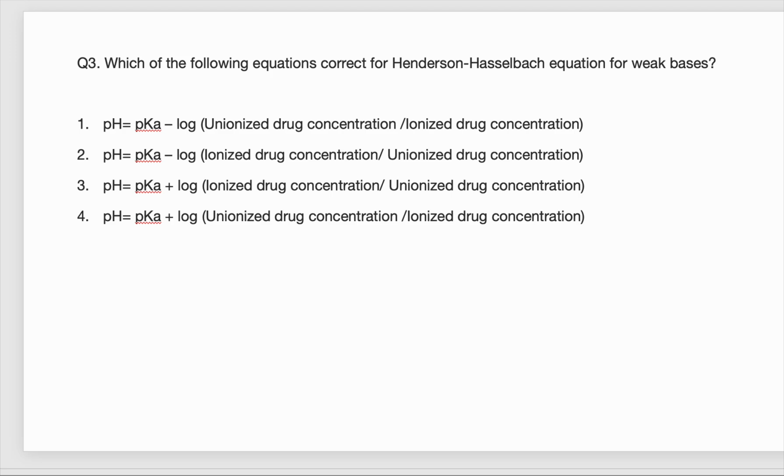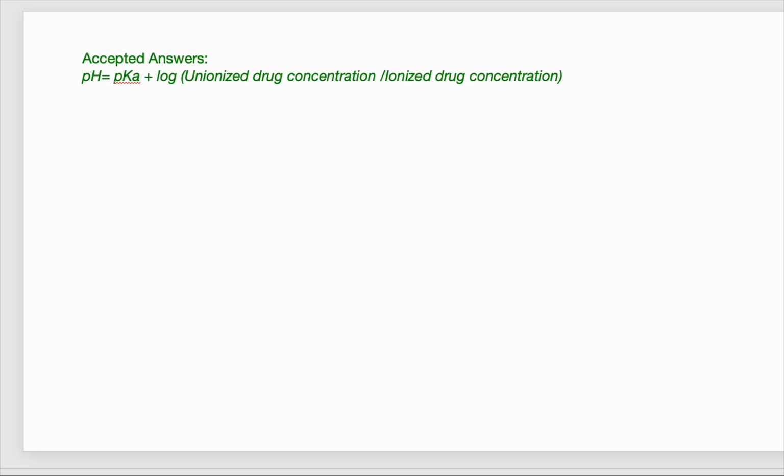That's why A minus comes up in case of weak acid, say aspirin: the ionized form comes first, and then the unionized form, AH, the protonated form. In case of weak base, it's just the opposite, because at first it is the unionized form divided by the ionized form. Is that clear, or did I just confuse you even more?